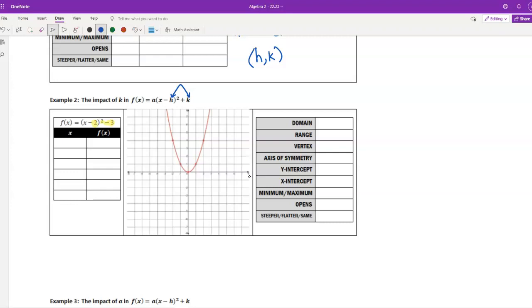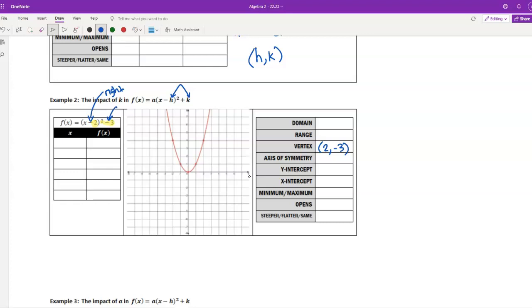So that tells me right away that my vertex is going to be 2, negative 3. And this minus 2, remember, is opposite of what we think. We think we want to go left 2, but we really want to go right 2 places.